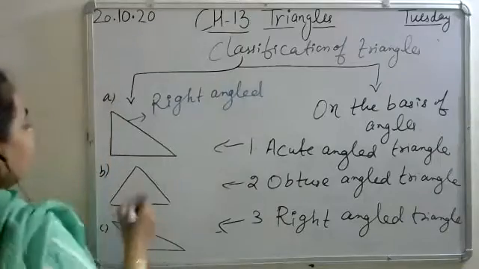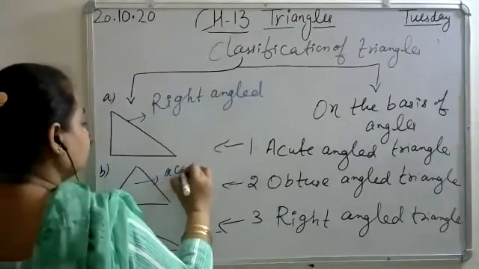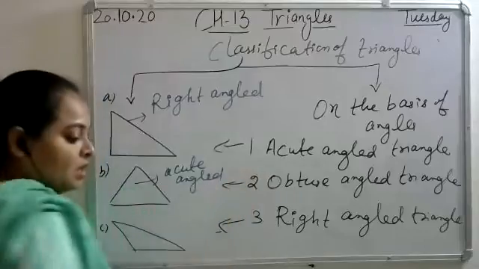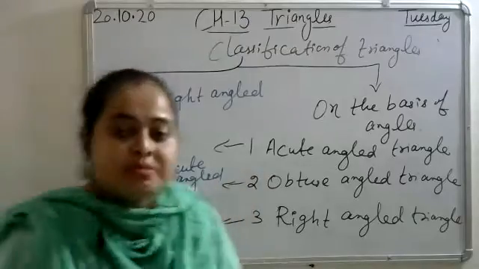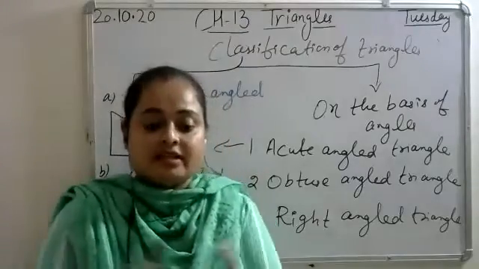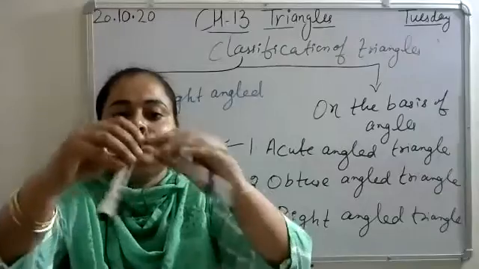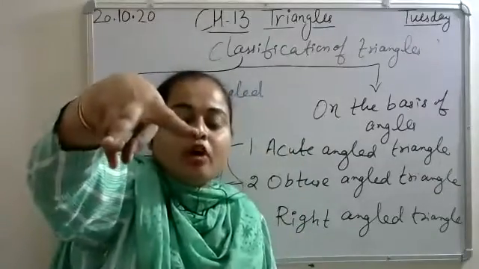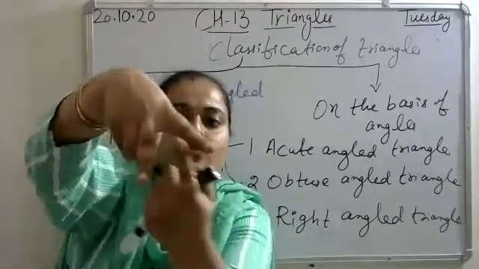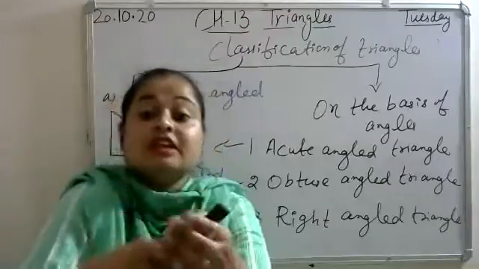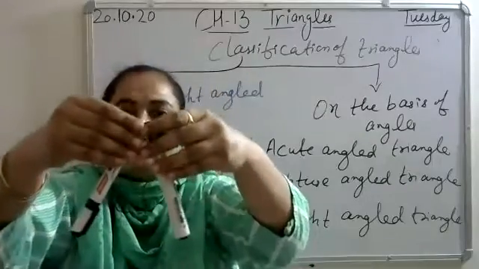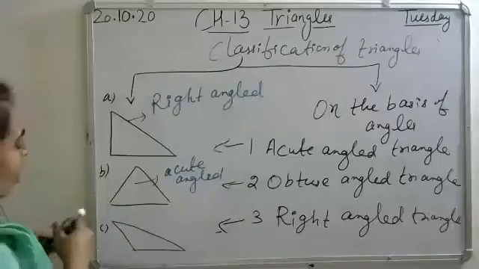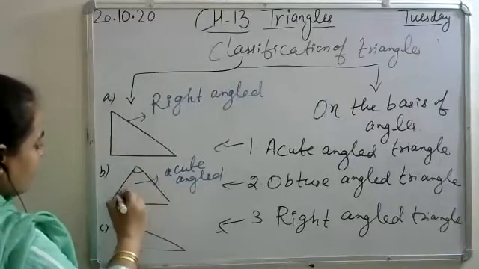And B part is acute, in which you will observe angles like this. Check from your fingers also. Whenever you will observe angles in the V shape, all the three angles in a V shape.